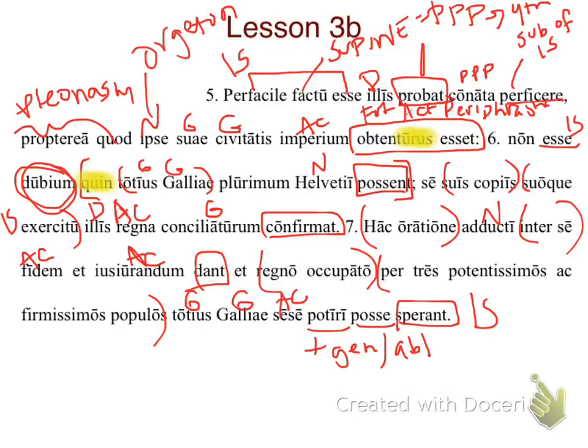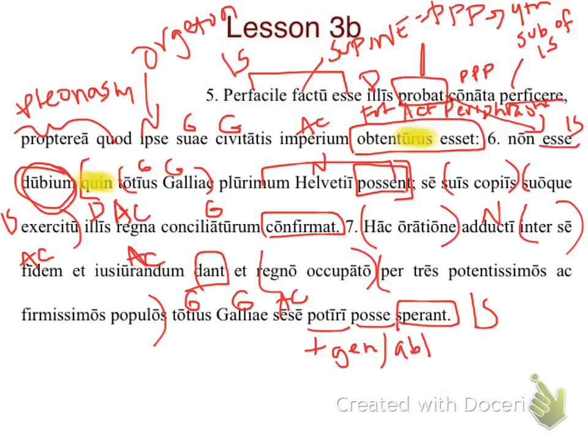Okay, this is still an indirect statement because of this dude up here. So you're going to say that he, meaning Orgetorix, did not doubt that the Helvetians, and then this is an idiom, to hold power, would hold very much power of all Gaul.